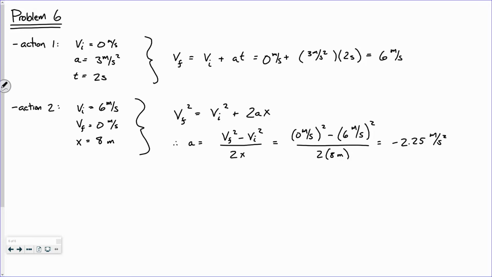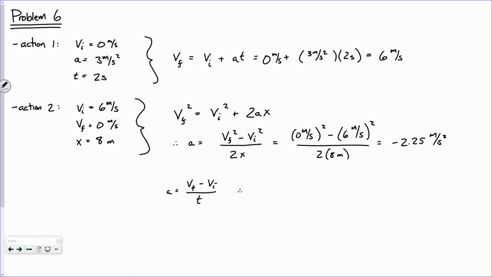Now, why do we want the acceleration? Well, we want the acceleration because acceleration is the final velocity minus the initial velocity over the change in time. Everybody remember that?